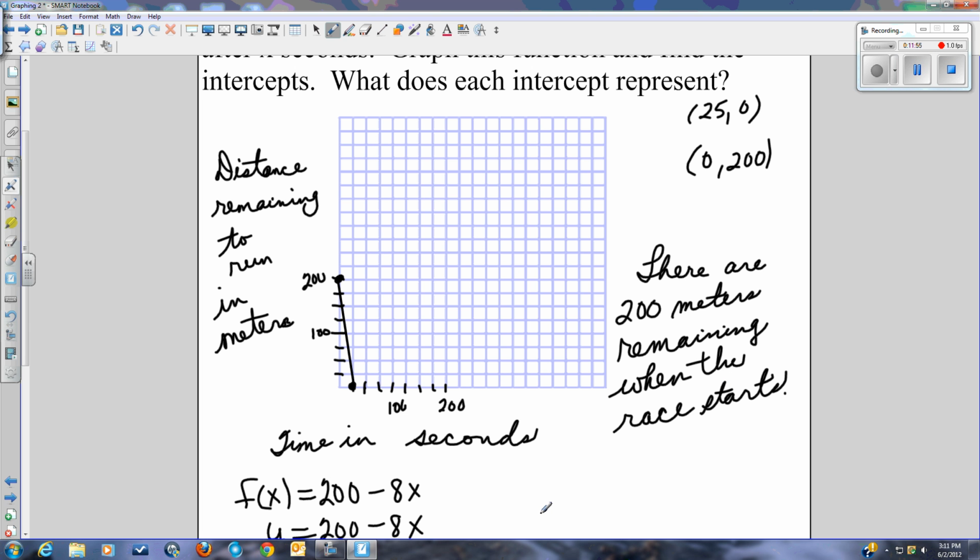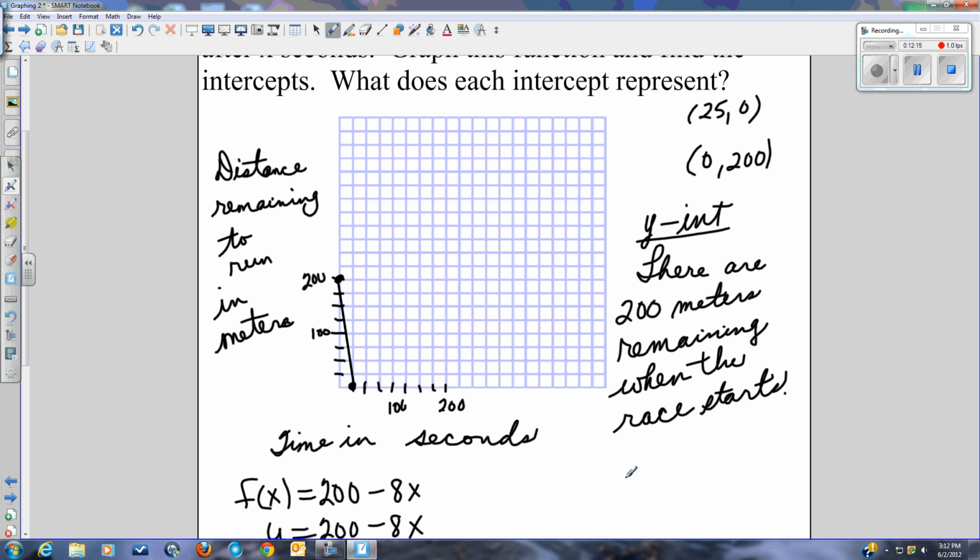All right. Now, that's for the y-intercept. Now, the x-intercept is (25, 0). That's the time in seconds. So that's telling you that at 25 seconds into the race, there are 0 meters left.